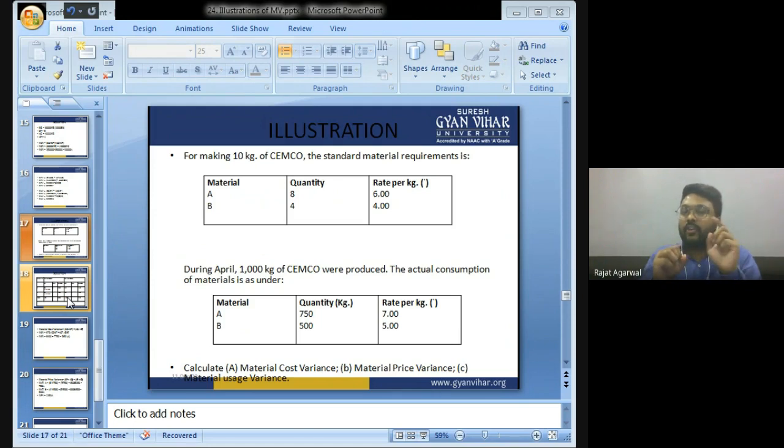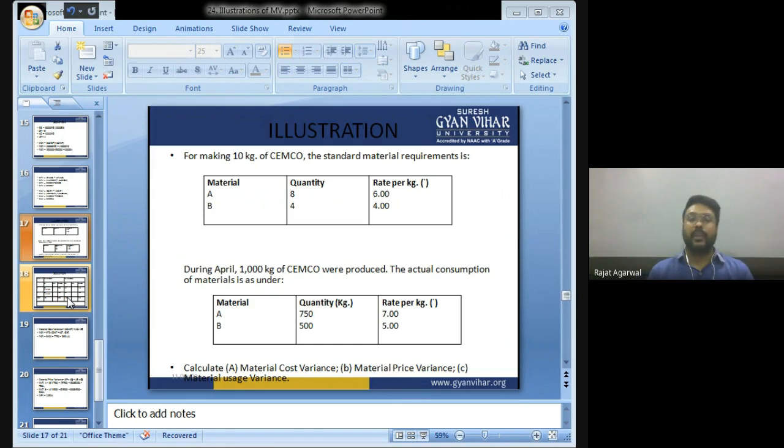You all know that to manufacture Chemco, we require a material mix of two categories, A and B. Now, in actual, we produced 1000 kg of Chemco, and to manufacture it we consumed 750 kg of material A and 500 kg of material B. Rate of material A in actual is 7 rupees per kg and rate of material B is 5 rupees per kg.